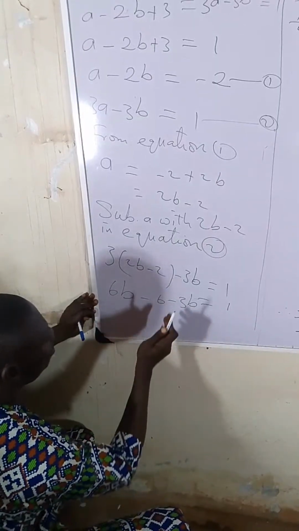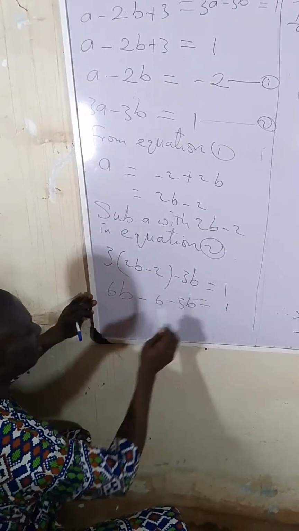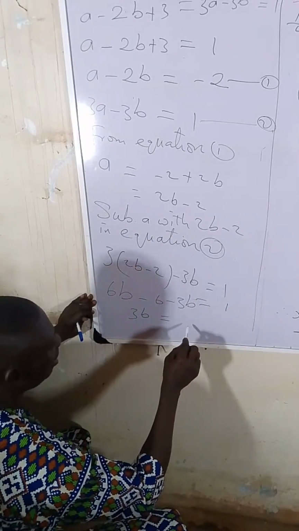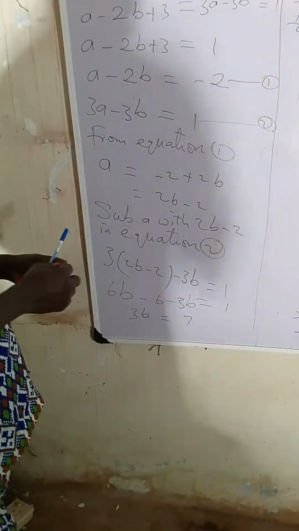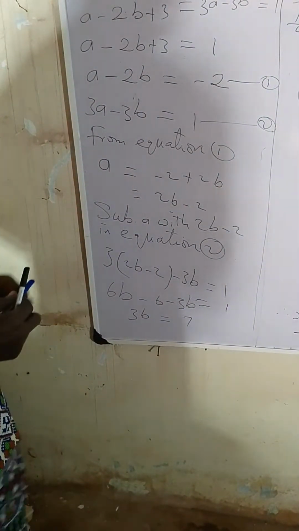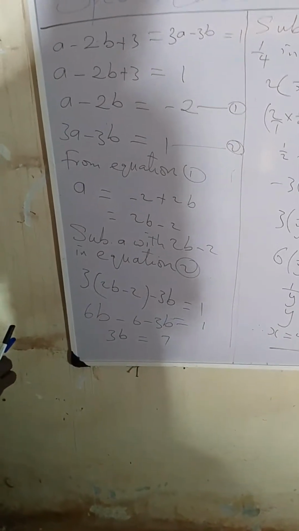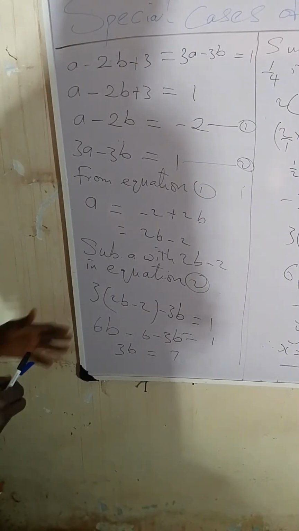Collecting like terms, we have here 6b minus 3b, which will give you 3b is equal to 7. Can you see that? Is equal to 7. So if it's equal to 7, what we are going to do is to divide both sides by the coefficient of b.